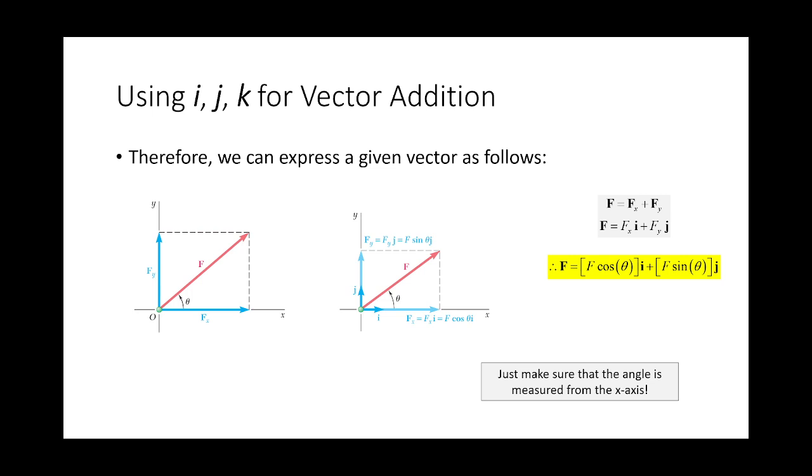Remember, if you measure an angle from the y-axis, you flip your trig functions, right? We always associate the cosine function with the x-axis and the sine function with the y-axis because those functions reference an angle measured from the x-axis. If the angle is measured from the y-axis, you flip those. So just be careful about that. Any questions?